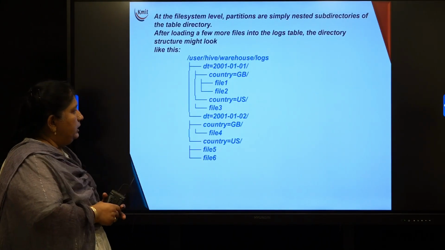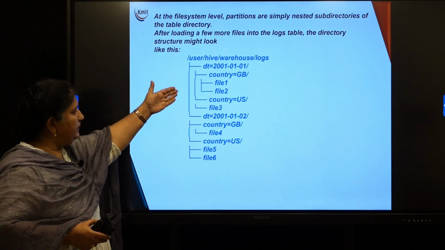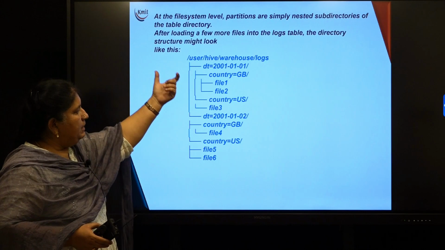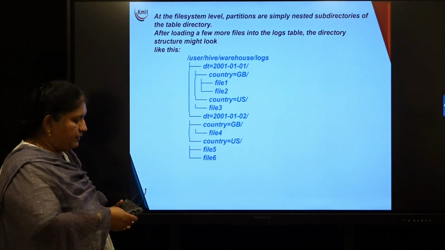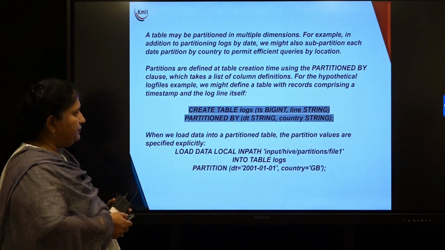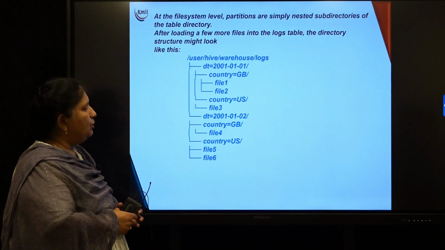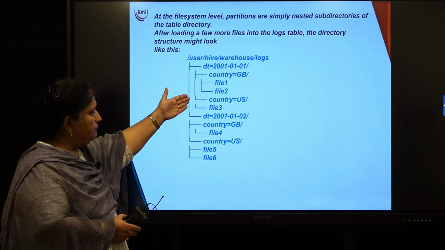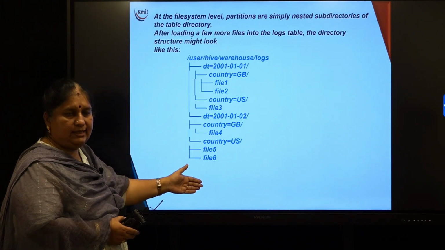So this is how the partitions will be created. In the warehouse folder, by the name of the partition, what is the name we have given? Logs. So under Hive's warehouse, by the name logs, a folder will be created in which you have multiple partitions like this.